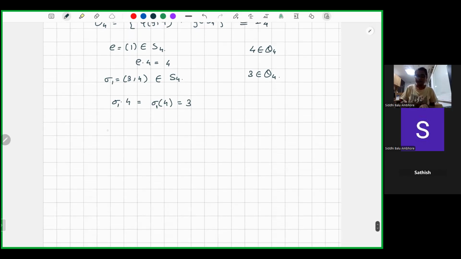Okay, and we can now take this sigma 2, which is (2 4). I'm just choosing elements which can give me different images of 4 as much as possible, so that I can find what elements we get when G acts on 4.